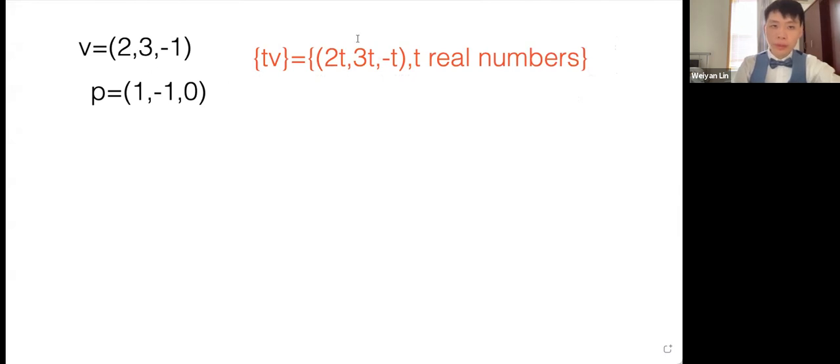But how do we get from the red line to the black line? You have to add the vector P at every span of V.